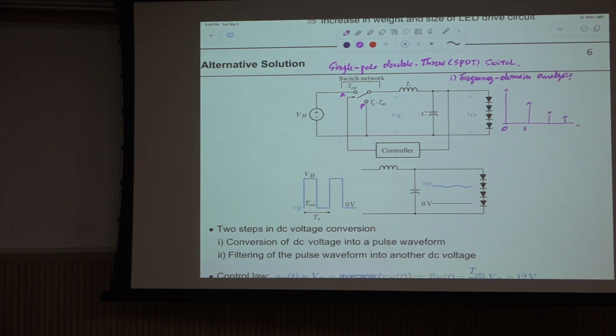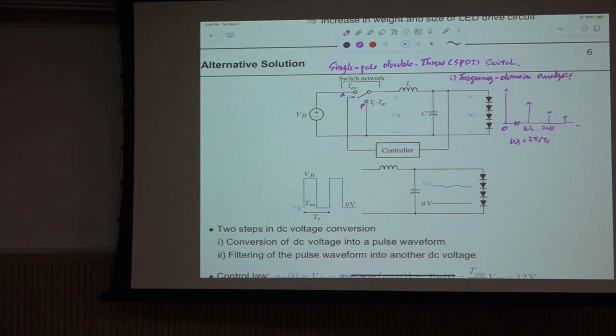Omega S to omega S, there is a distance here, and omega S is the switching frequency, 2 pi divided by TS, where TS is the switching period.